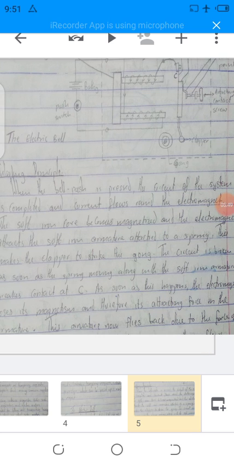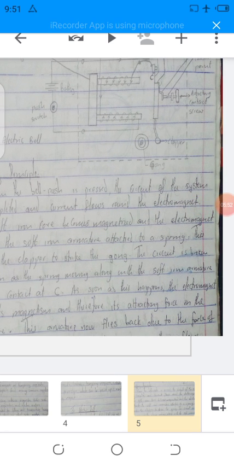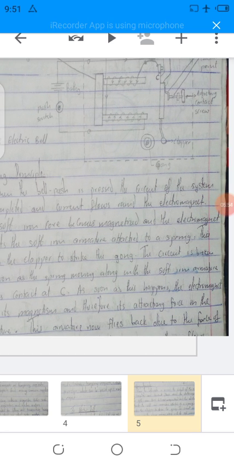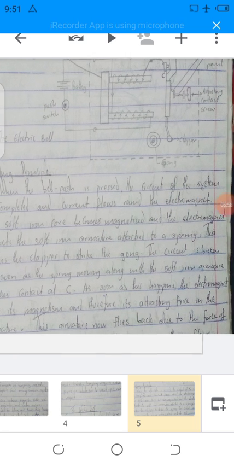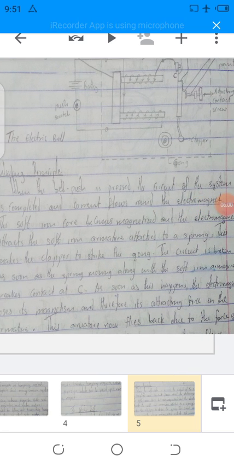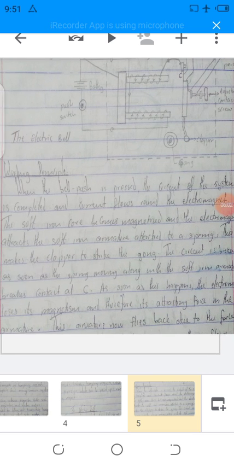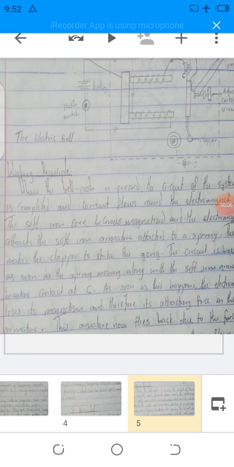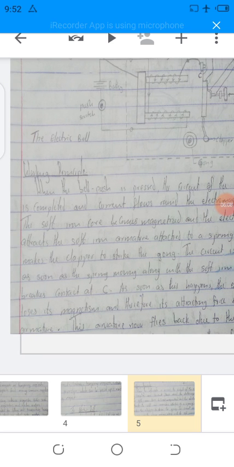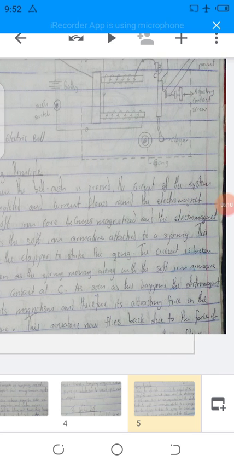The working principle: when the bell push, that means the switch, is pressed, the circuit of the system is completed and current flows around the electromagnet. The soft iron core becomes magnetized, and the electromagnet attracts the soft iron armature attached to the spring.